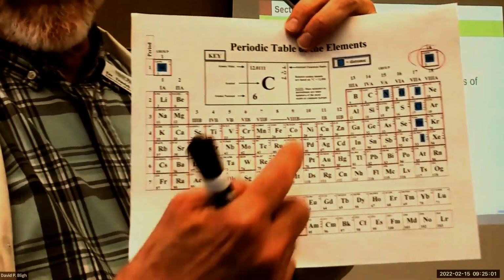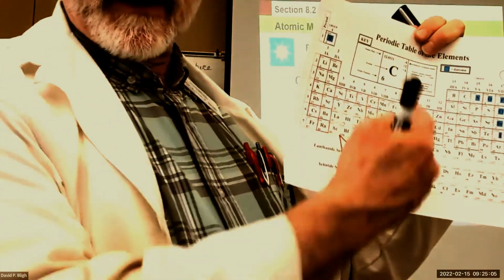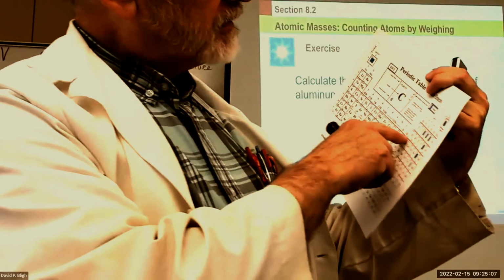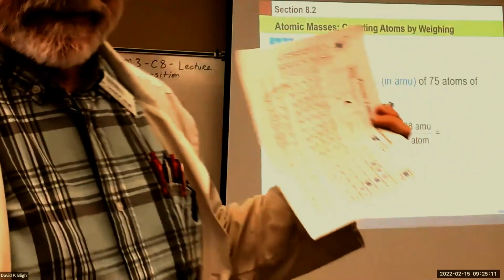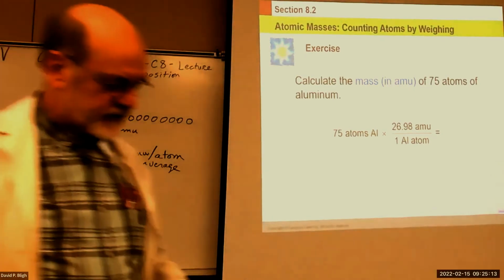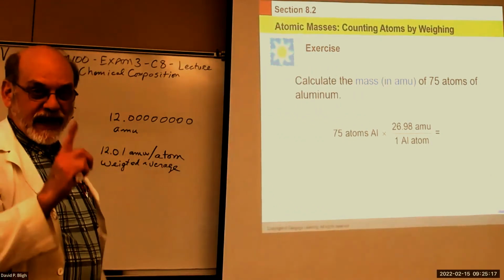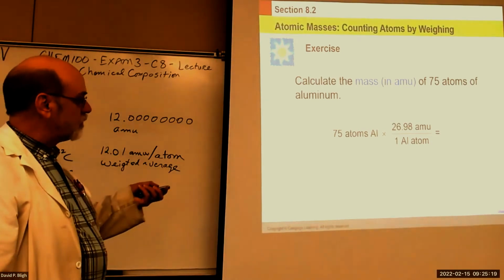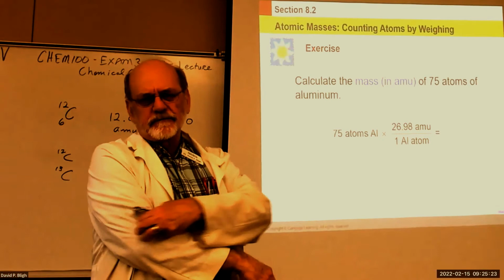So if you look in the square with aluminum, you'll see that in the upper left-hand corner is a number, 26.9815386. That is the weighted average atomic mass units for one atom of aluminum. And we've rounded it off to 2 decimal places, which is usually what I do.